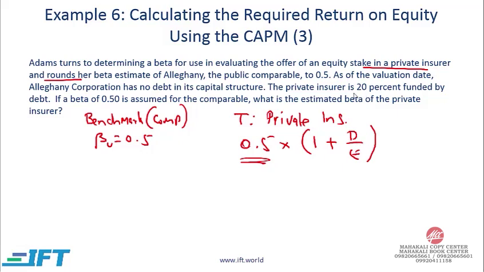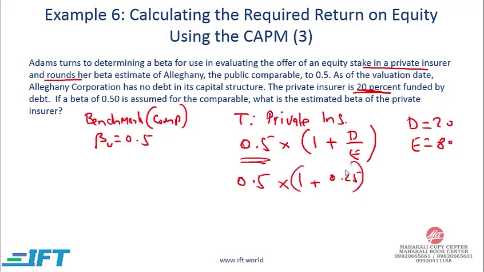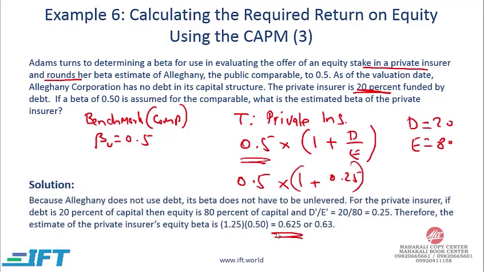You are told that this is 20% funded by debt. So debt is 20, which means that equity must be 80. So what is the debt to equity ratio? 20 over 80. So this becomes 0.5 times 1 plus 20 over 80, which is 0.25. So your answer then becomes 0.625.